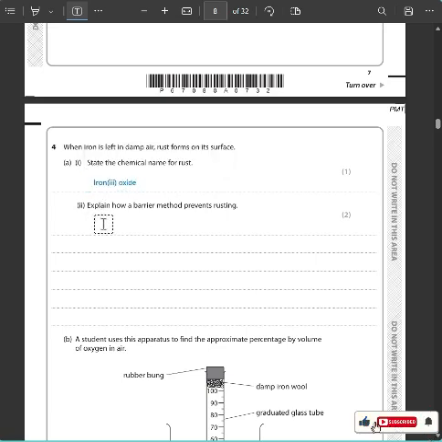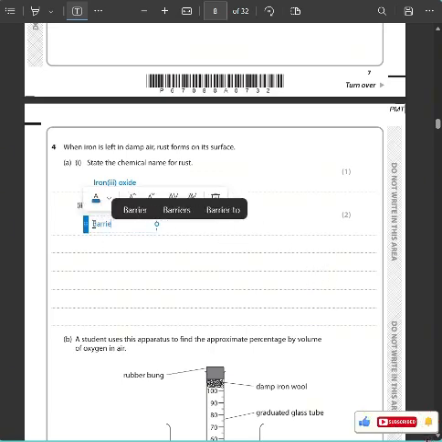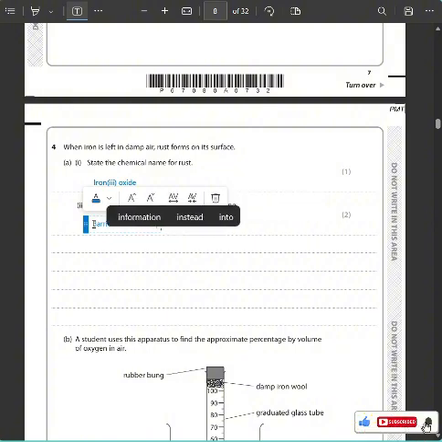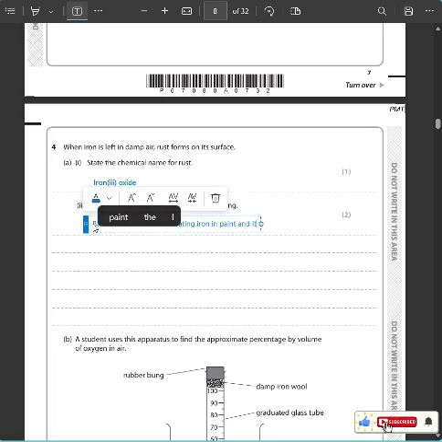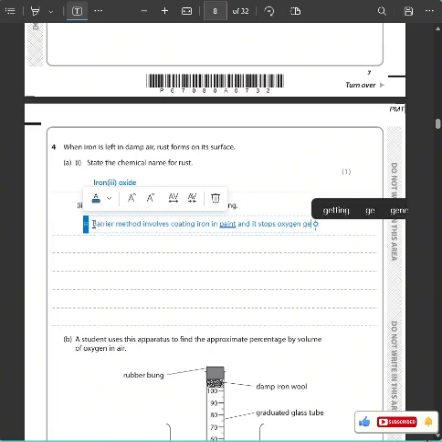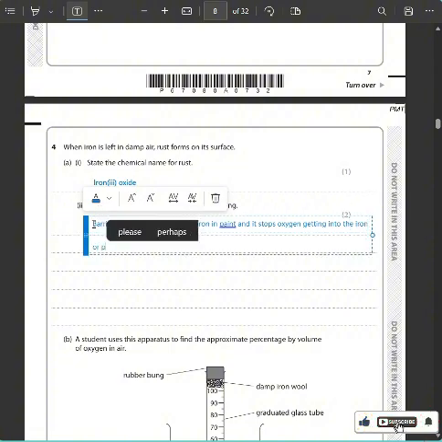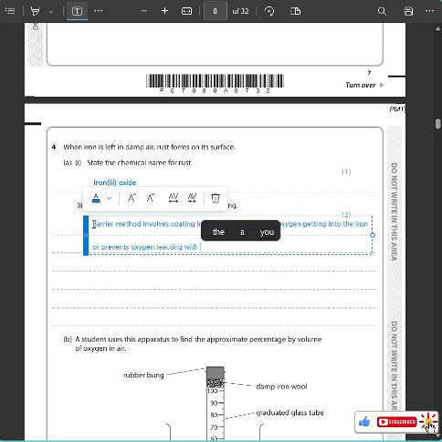And explain how a barrier method prevents rusting. The barrier method involves coating iron in paint, and it stops oxygen getting into the iron, or prevents oxygen reacting with iron.